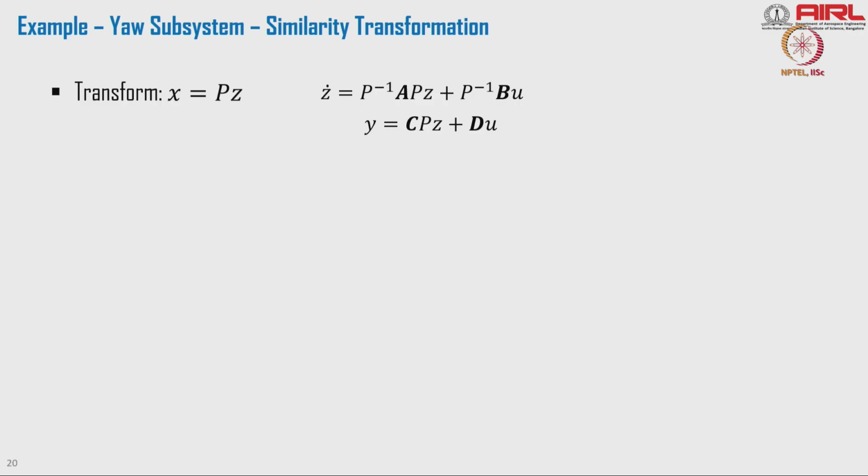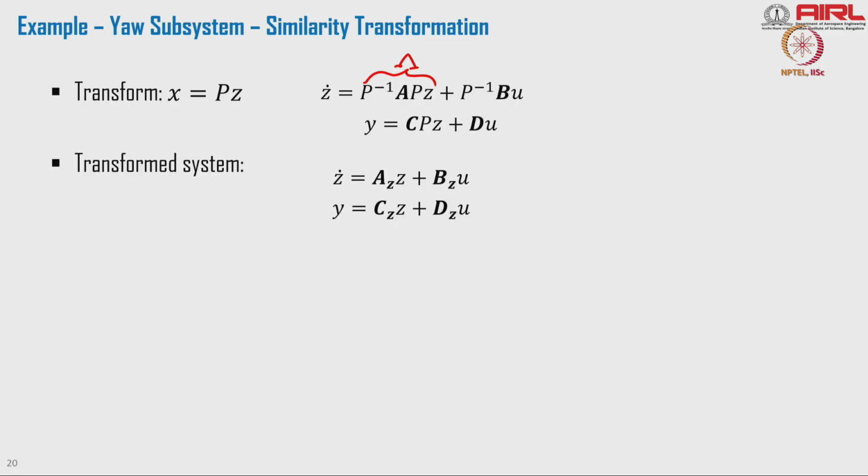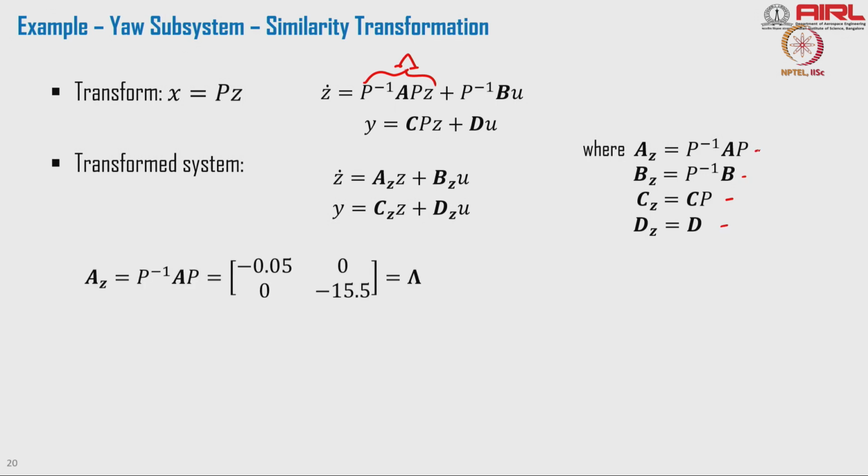Now this is the standard form of the transformation, where the transformation is defined by x equals Pz, and z are our new state variables. So z dot equals P inverse AP, which is nothing but the capital lambda that we found, and the new BZ matrix is nothing but P inverse B, the new C matrix is nothing but CP, and the DZ is just D. So AZ is capital lambda, which is minus 0.05 and minus 15.5 along the diagonal of a diagonal matrix.